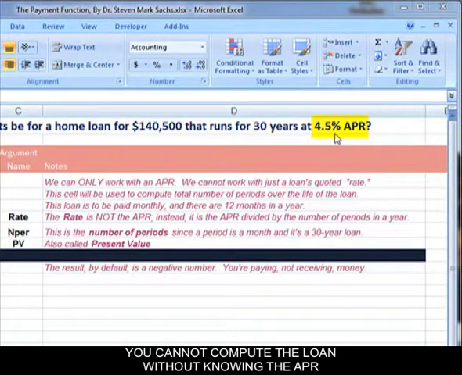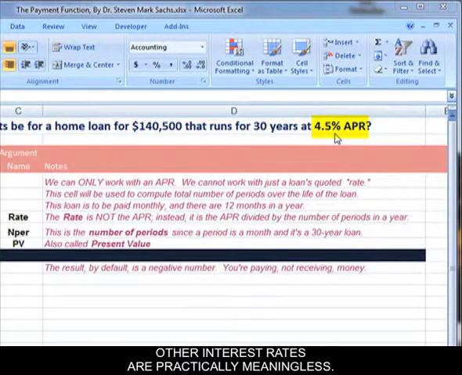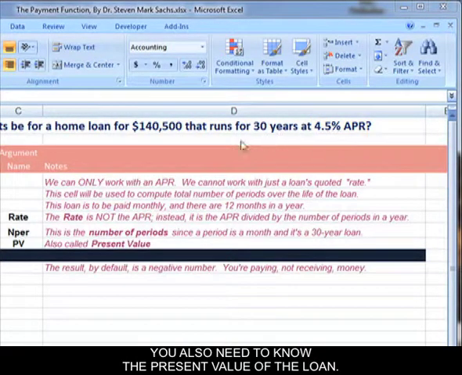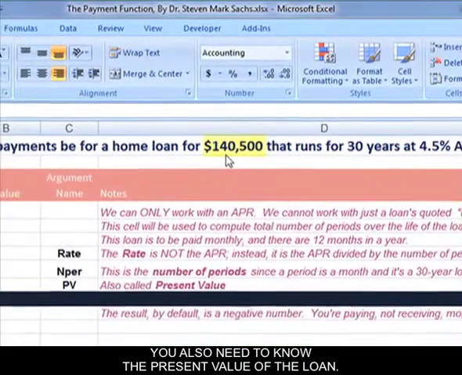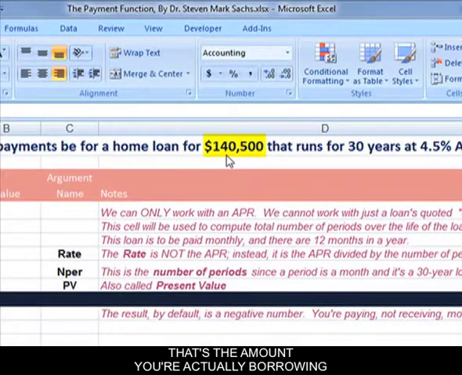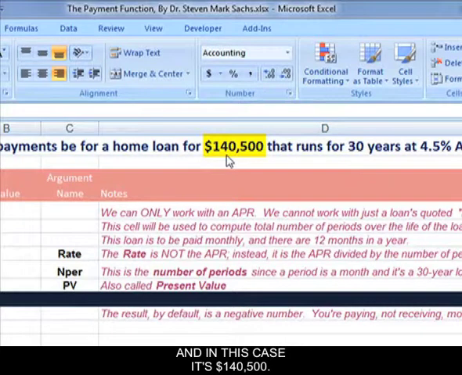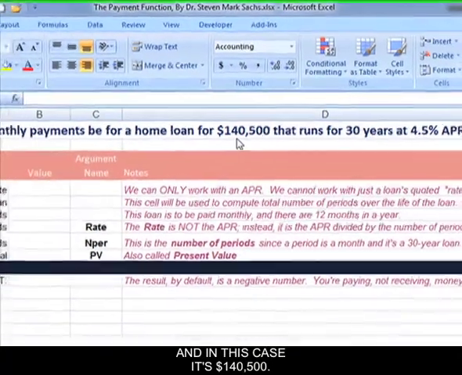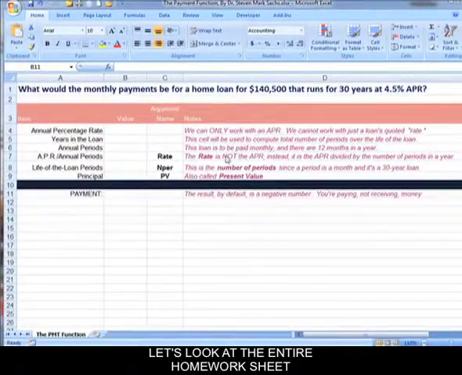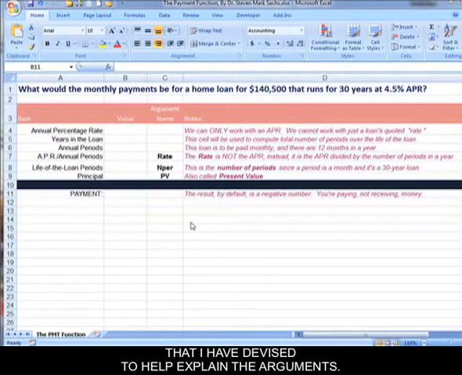You cannot compute the loan without knowing the APR. Other interest rates are practically meaningless. You also need to know the present value of the loan. That's the amount you're actually borrowing, and in this case it's $140,500.